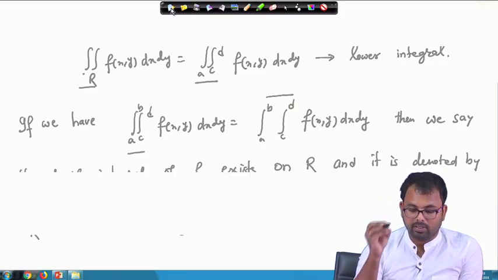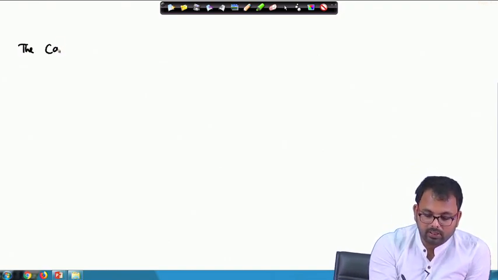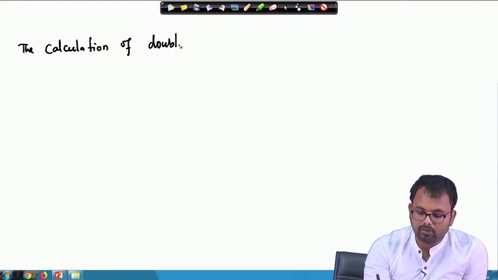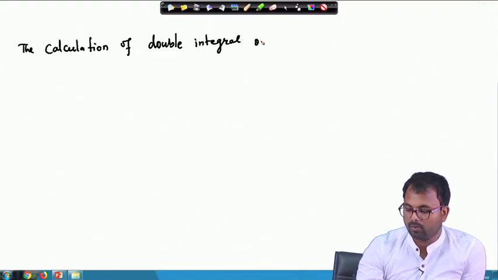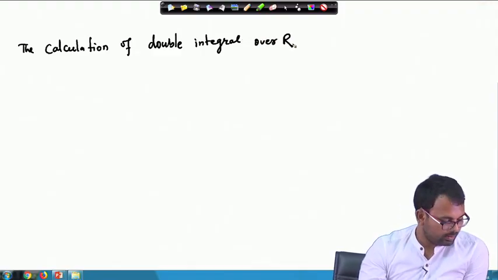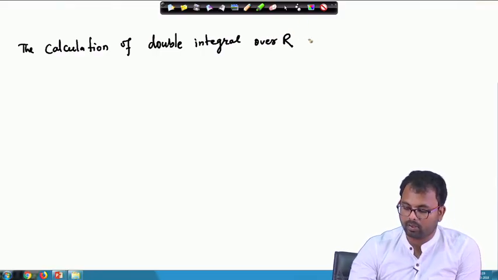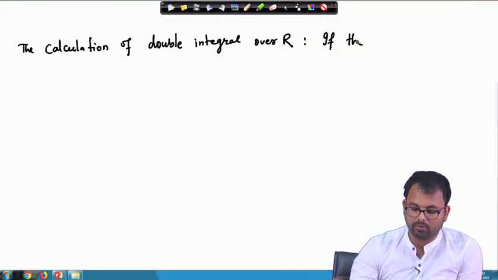So, in order to calculate the double integral over R, how do we calculate?